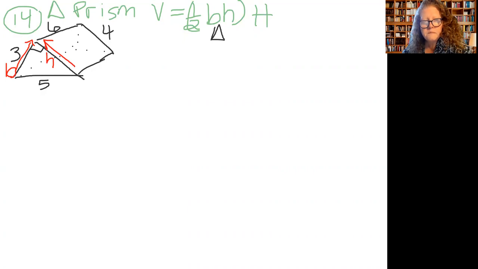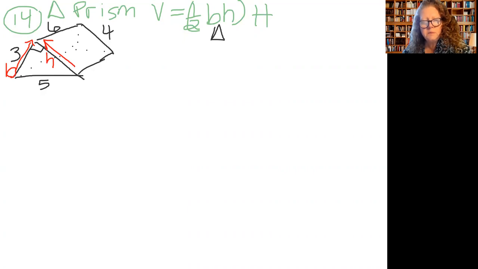So according to the picture, what is the base of my triangle? Okay, thank you very much. As you guys can't differentiate the base of the triangle, it's actually labeled with a B. The base and height, it doesn't matter which one's which, but the B is labeled.